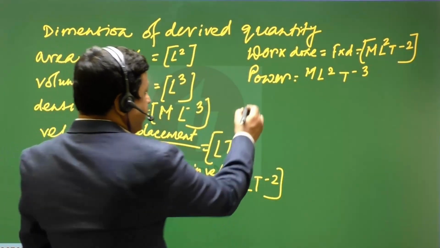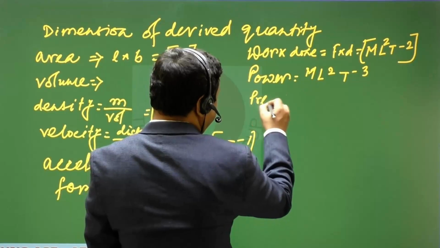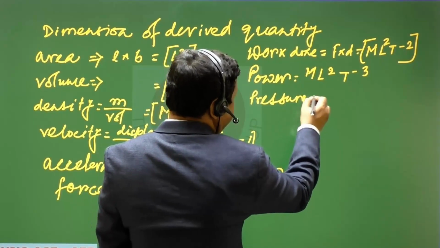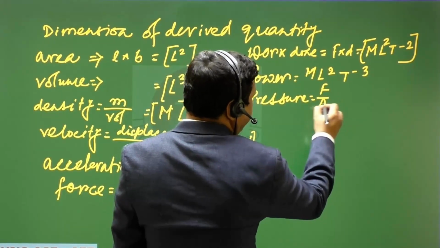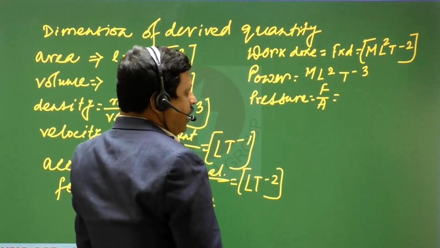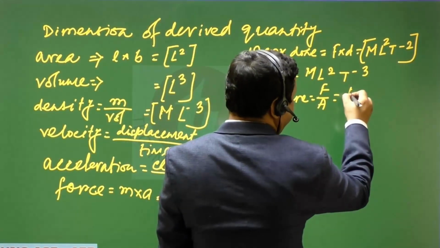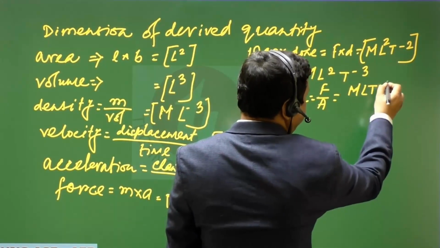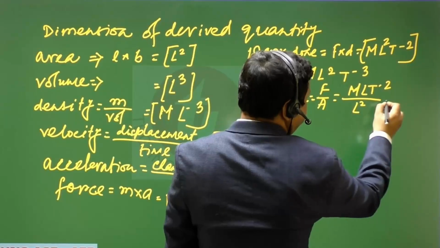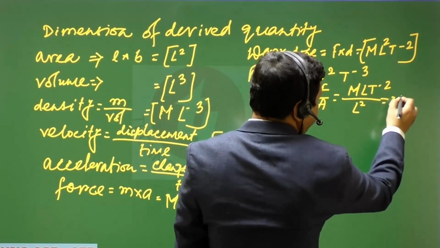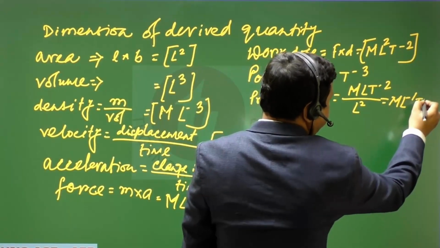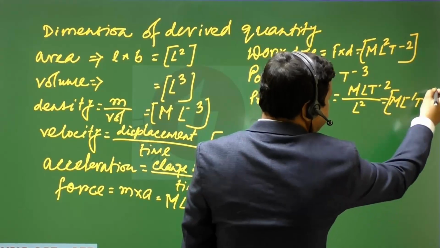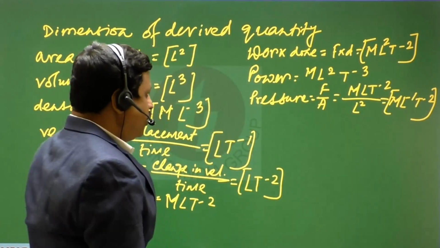Pressure is force by area. Force is m L t to the power minus 2 divided by L square. So it will be m L to the power minus 1 t to the power minus 2, that is pressure. Okay, say momentum.